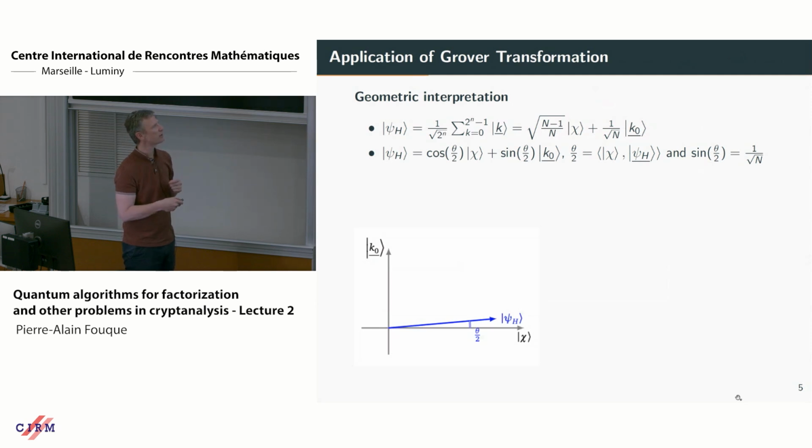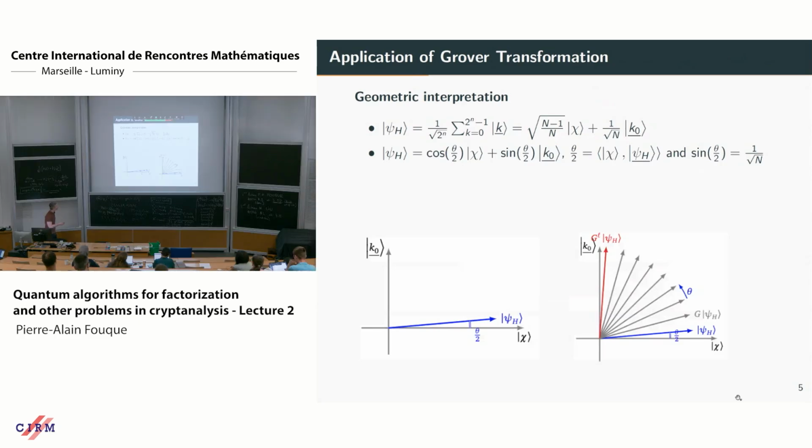Think of capital N as 1,000, or 1 billion. So the sine here is very small.